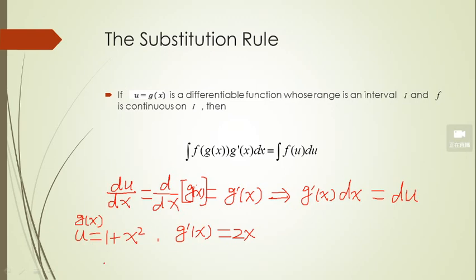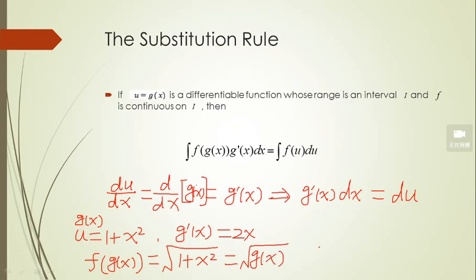So on the right side, f of g(x) will be this thing, but we know this thing is the root of g(x). Now what is my f(u) with the independent variable u? Of course it will be root u.